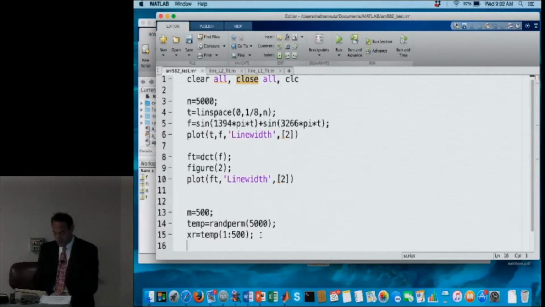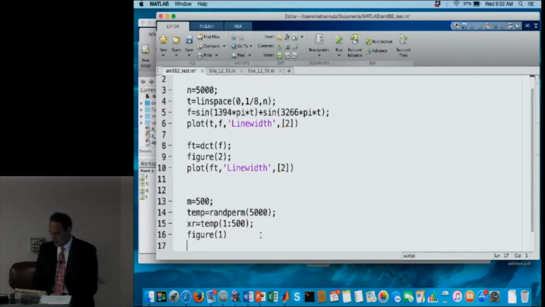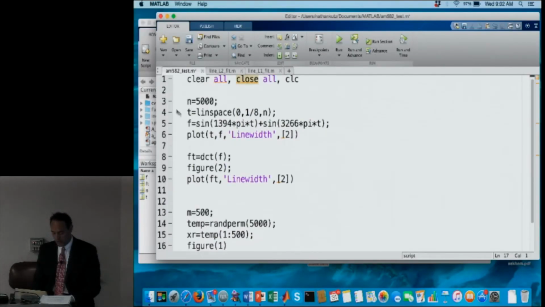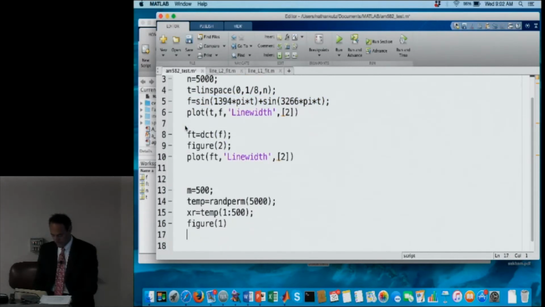So what I'm going to do with this is go back to figure 1. Actually, I'm going to do something more. I'm going to make the variable FR. And here's what FR is going to be. Shoot, I should call this TR, not XR. So this is the T locations, TR.